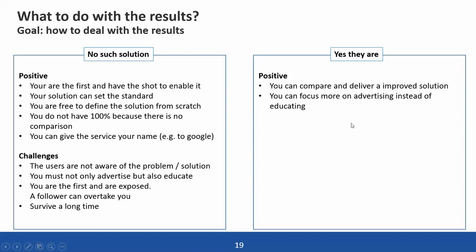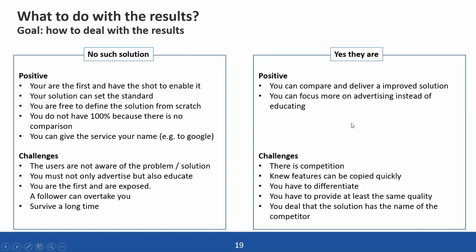So perhaps you can change the game, and still you have other challenges. I mean, there is competition, they are able to perhaps copy you quickly, you have to differentiate, and still you have to provide the same quality at the beginning as the others, because you have competitors, and perhaps you have to deal with some other restrictions or some monopoly, or somebody who's the biggest and dictates a little bit how the market works.